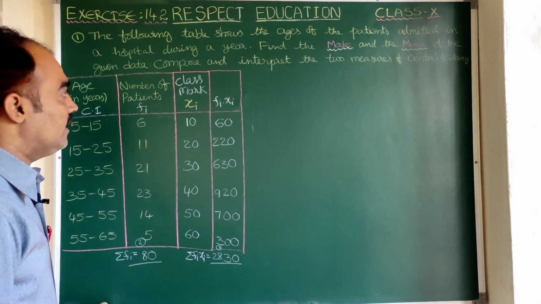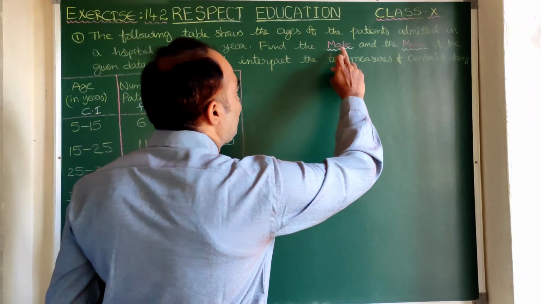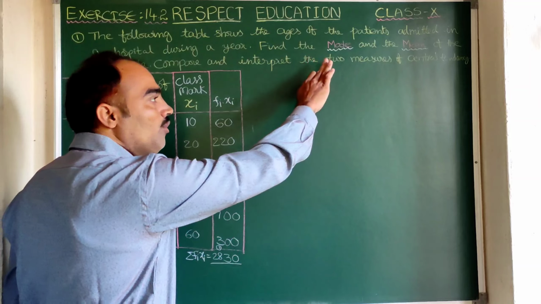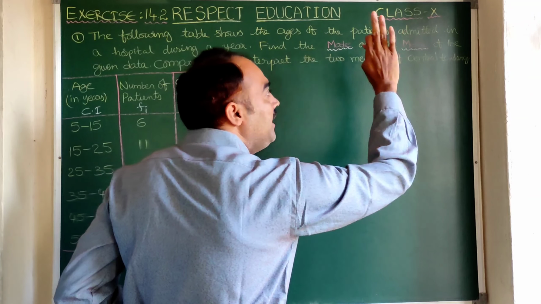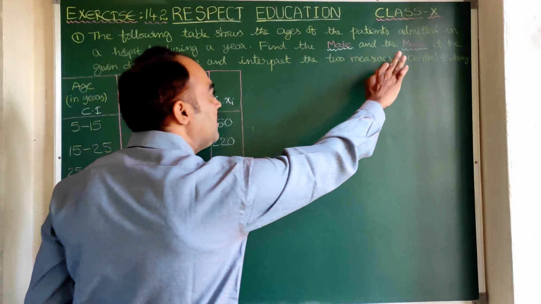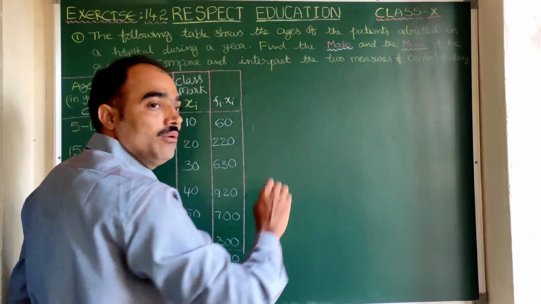Clear? Now here, what is asked first? Mode, right? So first we will find mode, then we will find mean. We made the table ready for finding mean, but first we are going to find mode.